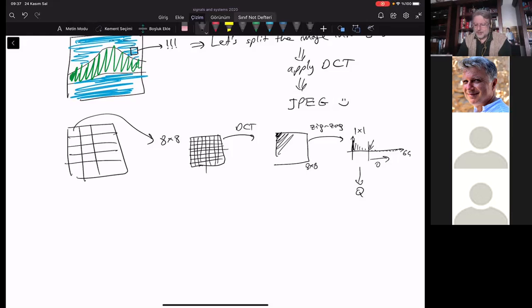So more values become 0 like that with the quantization. And after the quantization, an integer sequence is obtained. And this integer sequence is further compressed using some lossless compression methodologies like Huffman coding, etc.